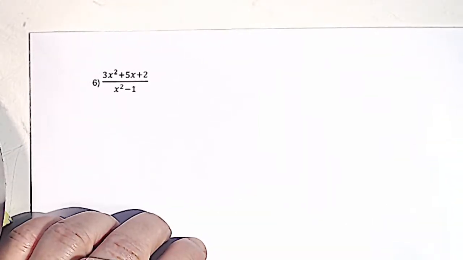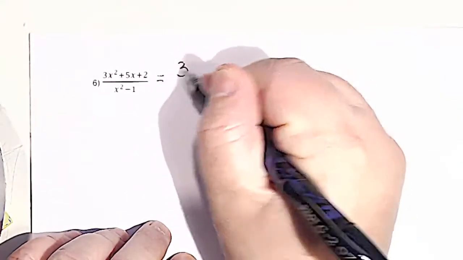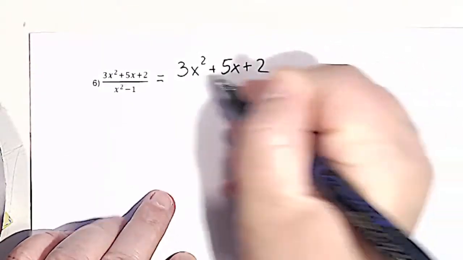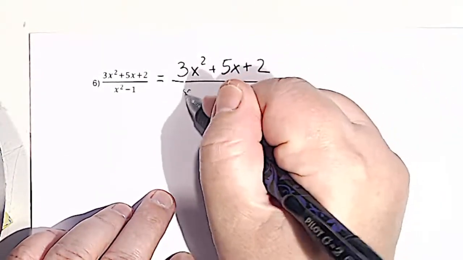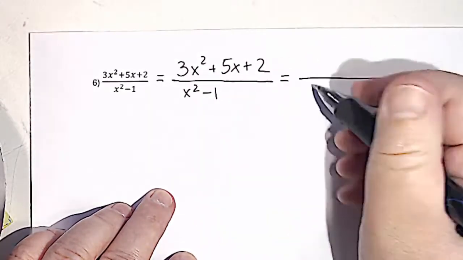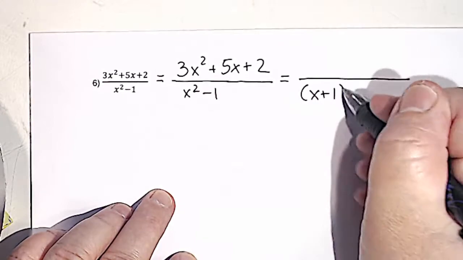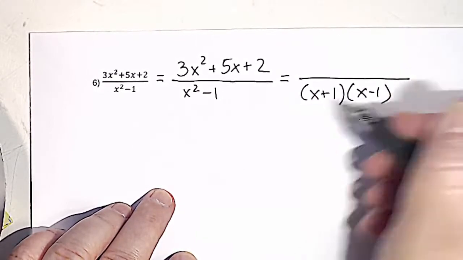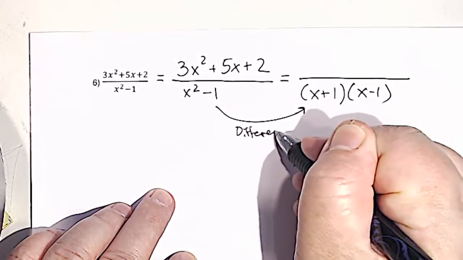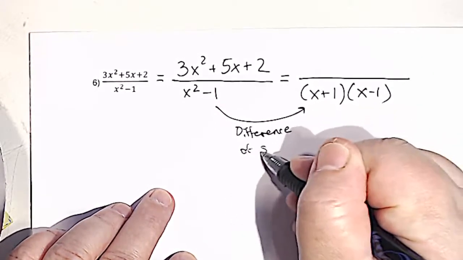We have a couple of polynomials. The numerator is a trinomial, 3x squared plus 5x plus 2, all over x squared minus 1. Now, I recognize down in the denominator x plus 1, x minus 1, because this is a difference of squares.